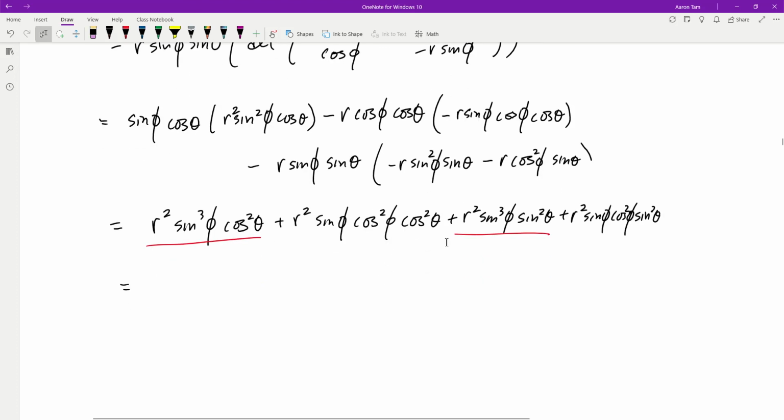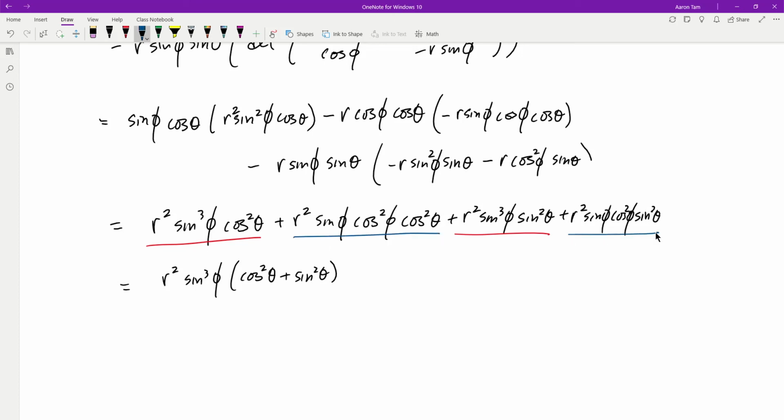So now if I look at these 2 terms together, I can factor out r squared sine cubed phi, and then I will have cosine squared theta plus sine squared theta. If I look at these last 2 terms, I could factor out r squared sine phi, and I can also factor out cosine squared phi.